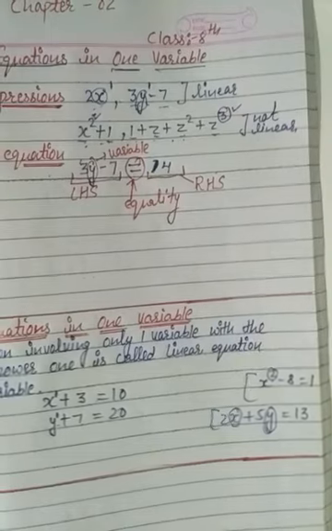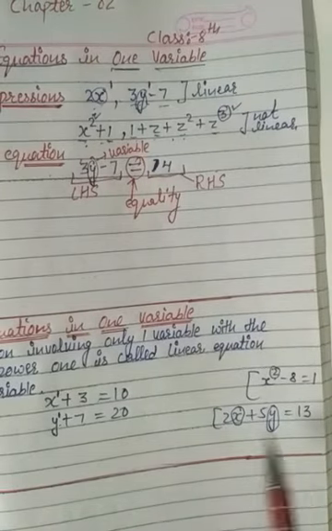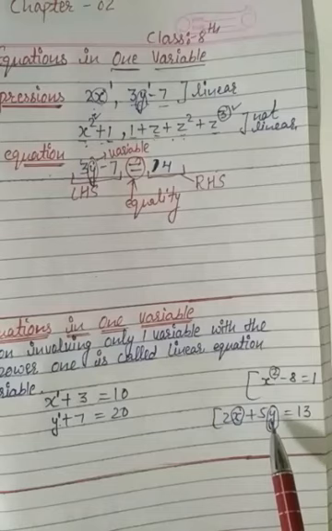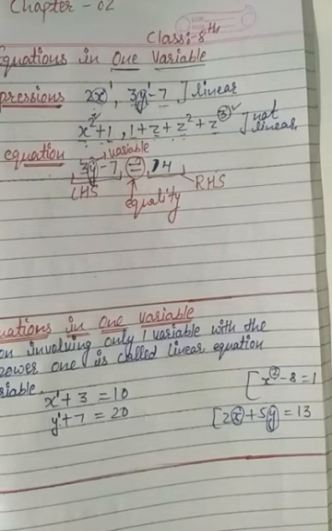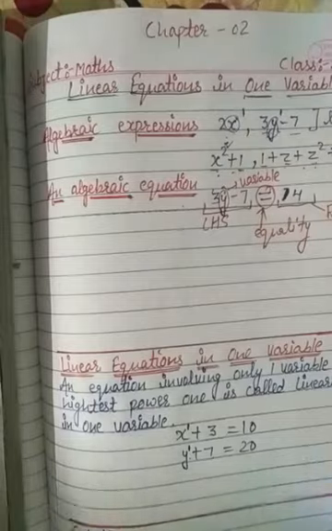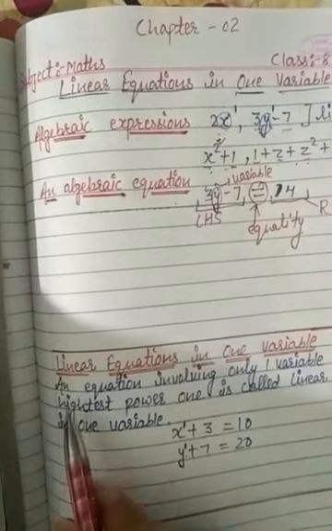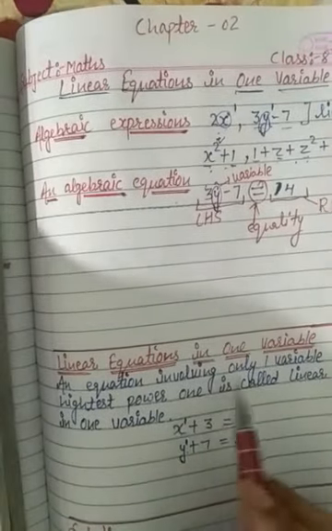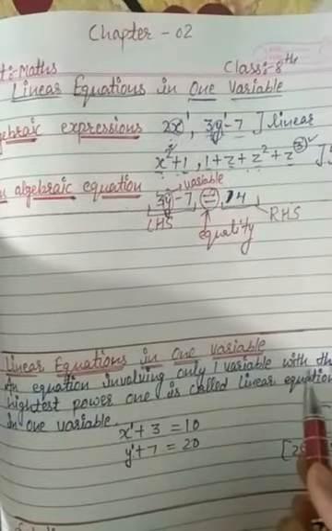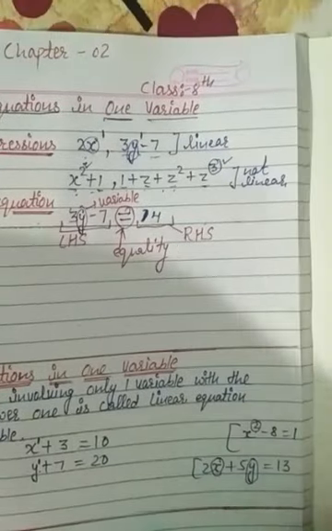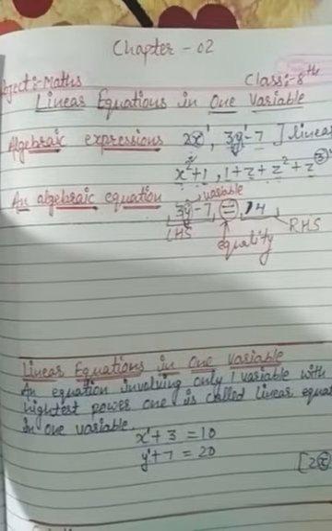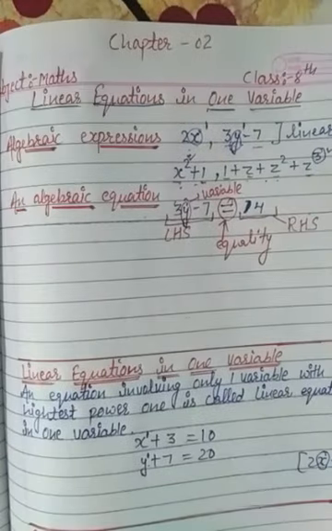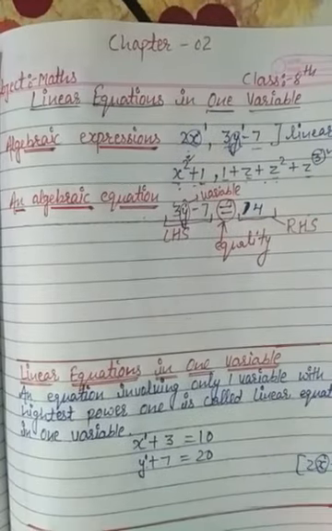The highest power of the variable is 1, but it contains two variables. So you can call it a linear equation in two variables. About linear equation you can note down: an equation involving only one variable with the highest power 1 is called a linear equation in one variable.